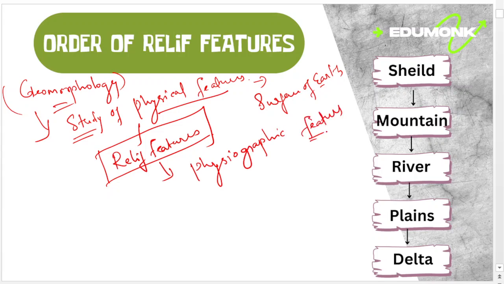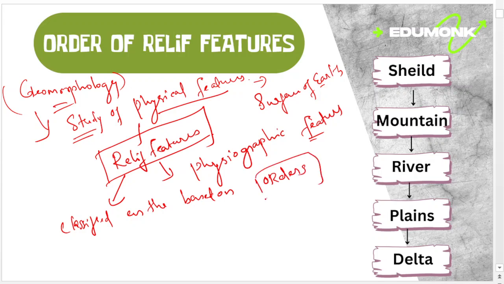These features can be classified on the basis of orders. This order means a chronological kind of classification. It's based on the formation of these physiographic features.